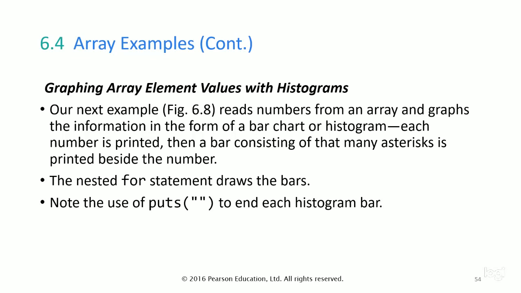Finally, one more thing that we're going to do is graph the elements with histograms. So counting the occurrences of unique elements, just like we did with the previous case. So we had 10 numbers and we were counting their frequency. This is something which is generally called a histogram.